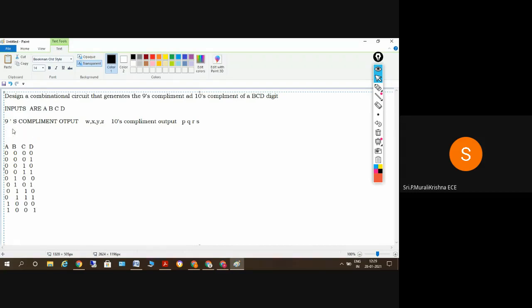These are the inputs and outputs. So outputs for nines complement here.